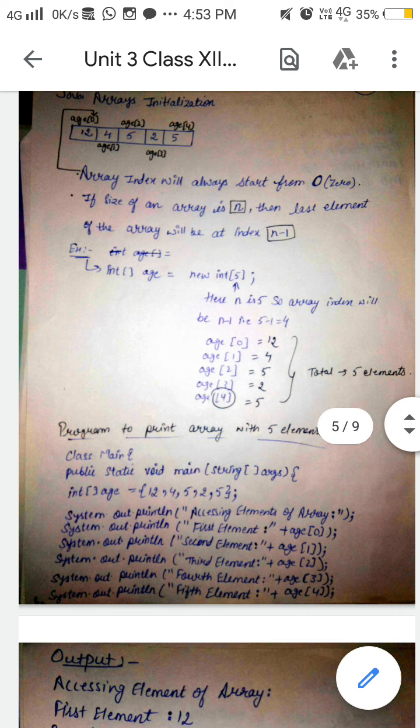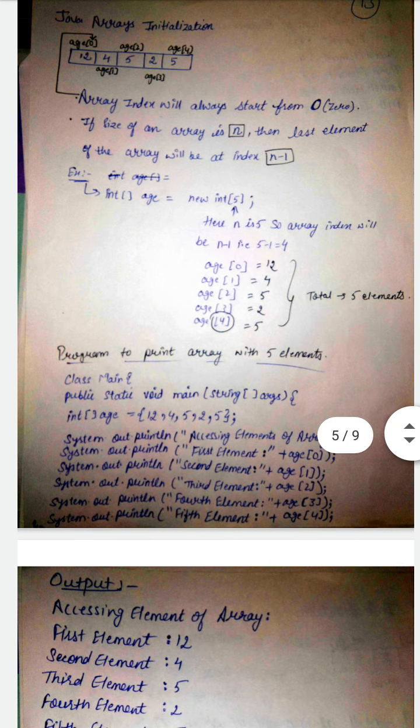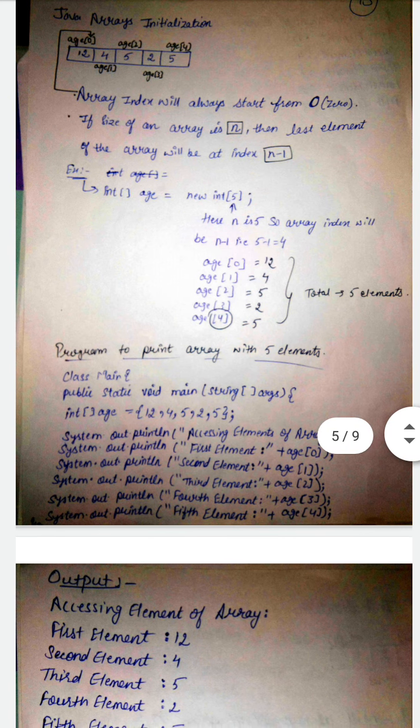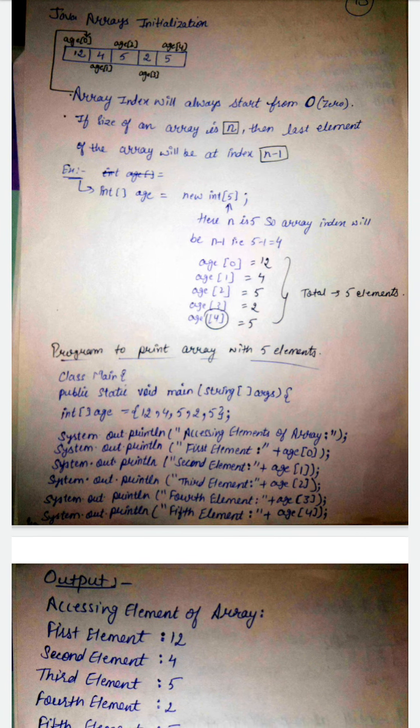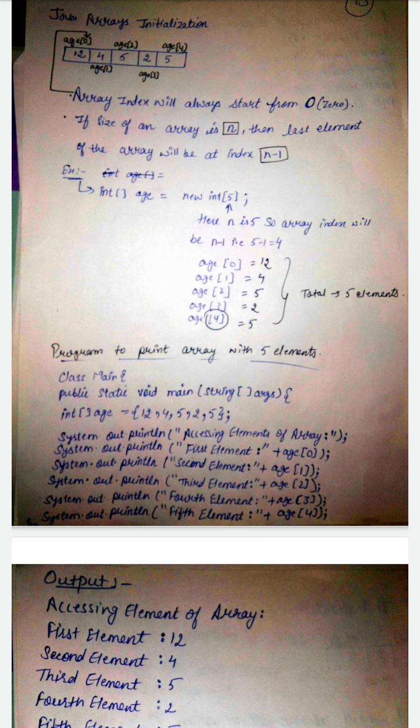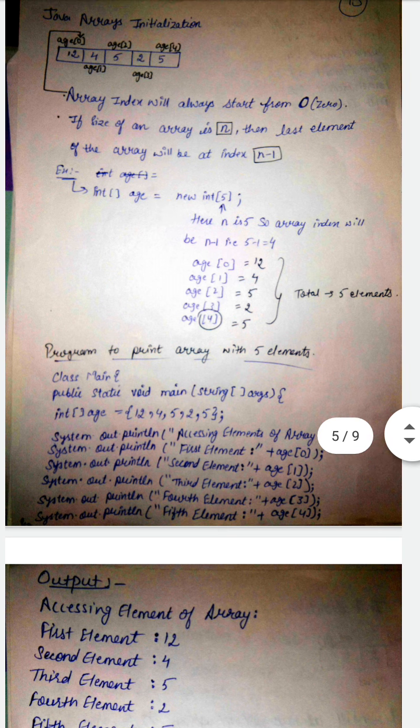Okay. Now example: int, then these open and close square brackets, name of the array is equals to new int, and then in the open and close brackets there is 5. So what is happening in this statement: we have declared and we have initialized, meaning we have provided memory allocation to the array at the same time.